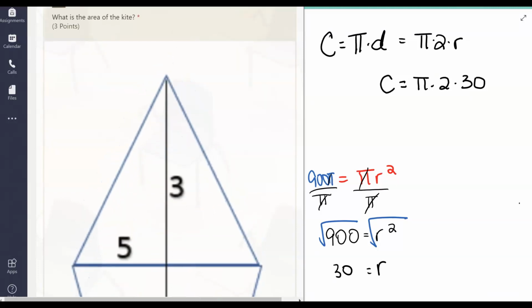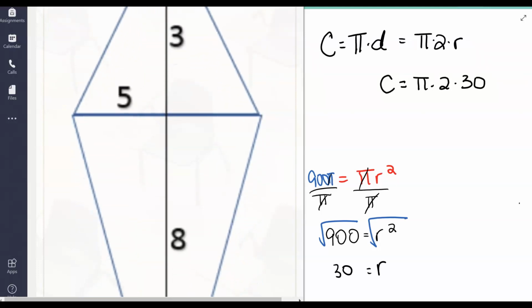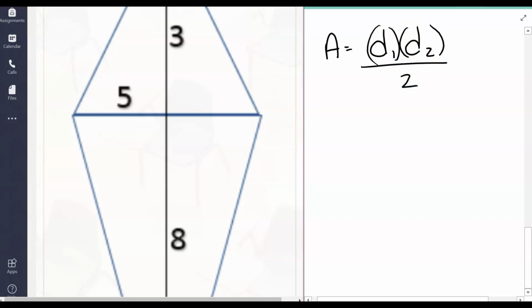Next, what is the area of the kite? This kind of got enlarged a bit here, but when I'm looking for the area of a kite, remember we want to use the formula of diagonal 1 times diagonal 2 divided by 2. The first diagonal, let's talk about this one that's vertical here with the 8 and the 3. 8 plus 3, I know that that one has a length of 11.